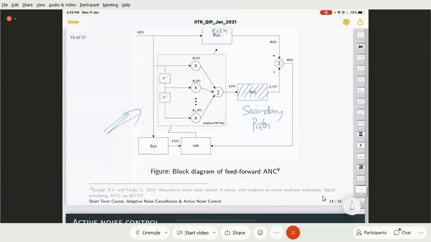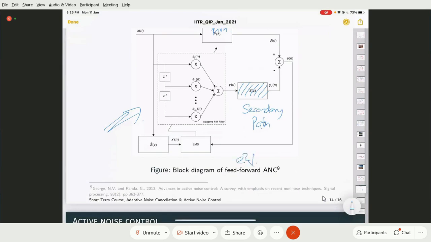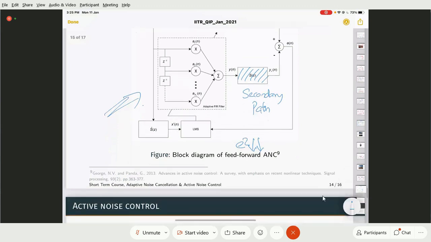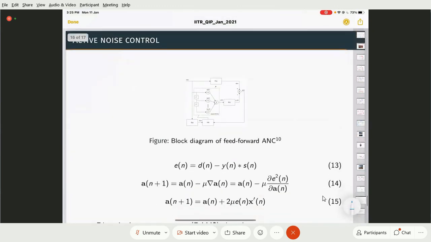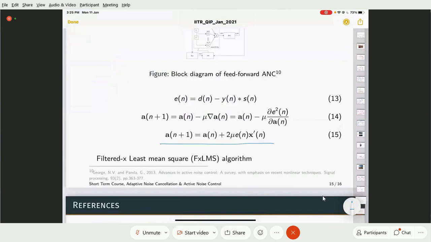And then I use a gradient descent approach, minimize e square. So when I use the gradient descent approach and minimize e square, what will I get? I will get an update rule like this. This update rule is called the filtered-X least mean square algorithm.